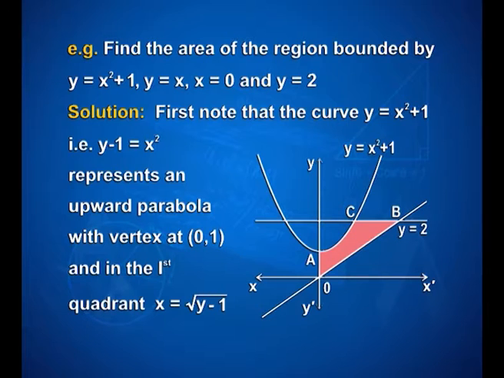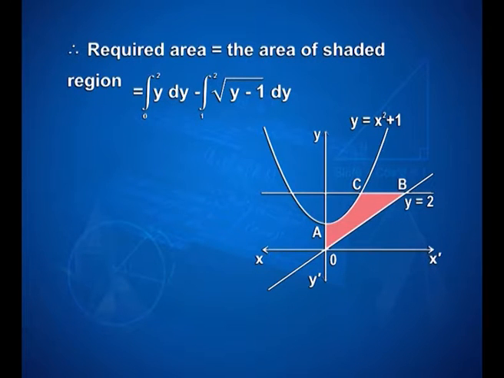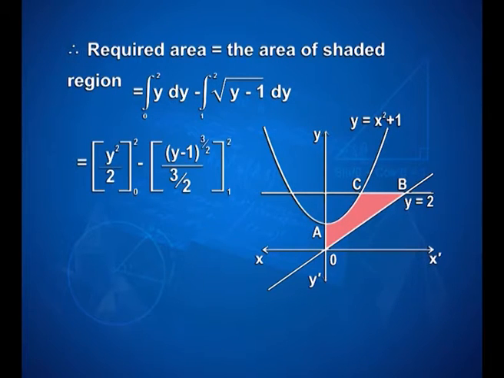The equation here is y is equal to 2 and the parabola is y is equal to x square plus 1. The shaded area OBCA is to be calculated. Therefore, the required area is equal to the area of the shaded region, that is equal to integral 0 to 2 y dy minus integral 1 to 2 square root of y minus 1 dy, that is equal to y square upon 2 with limits 0 and 2 minus (y minus 1) power 3 upon 2 divided by 3 upon 2 with limits 1 and 2.